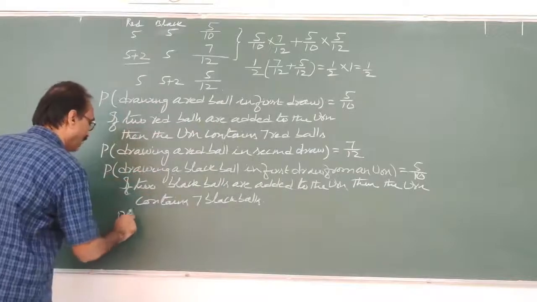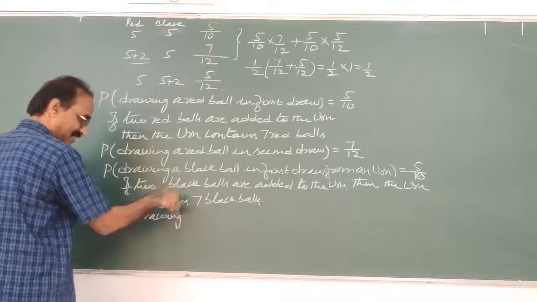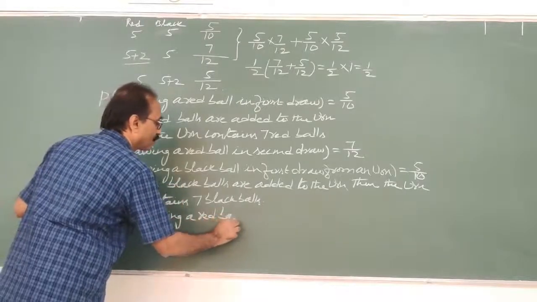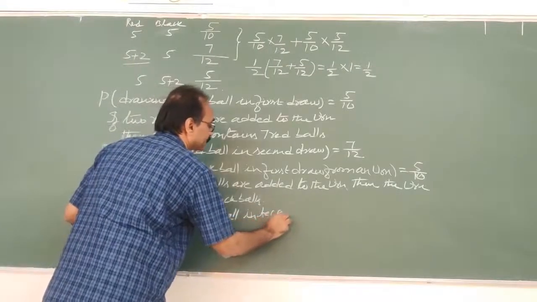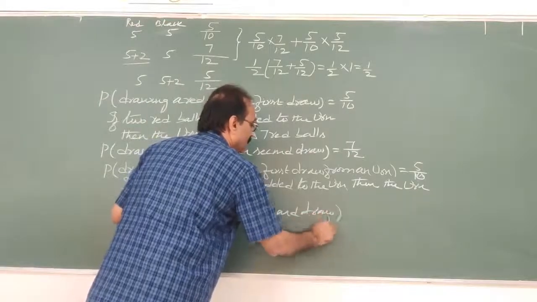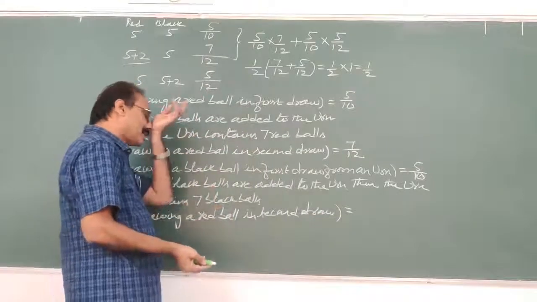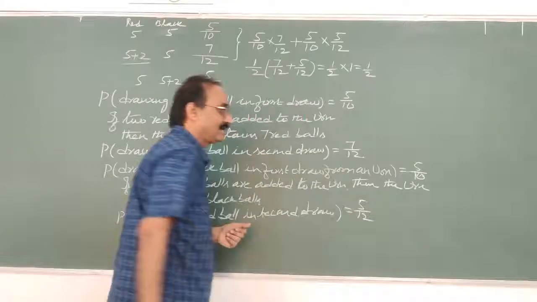So, probability of drawing a red ball in second draw. How much? Because this time we did not add red balls, we added black balls. So red balls are the same, 5 only, 5 by 12. Okay?